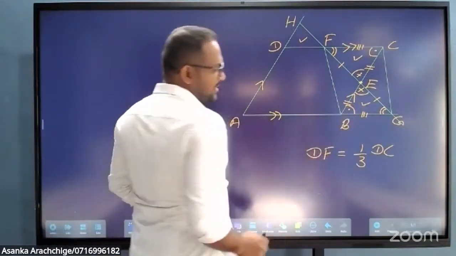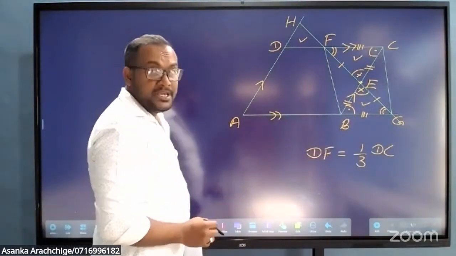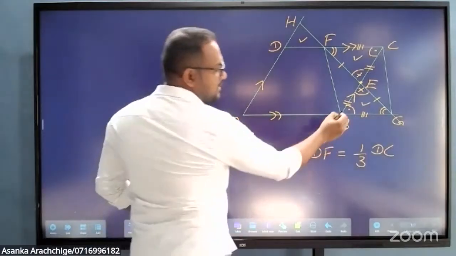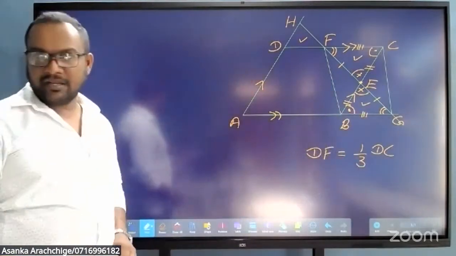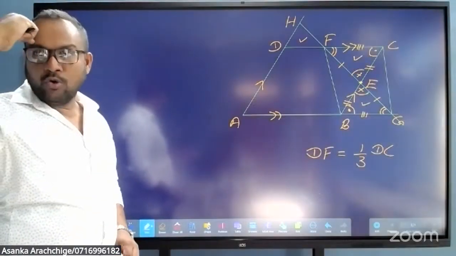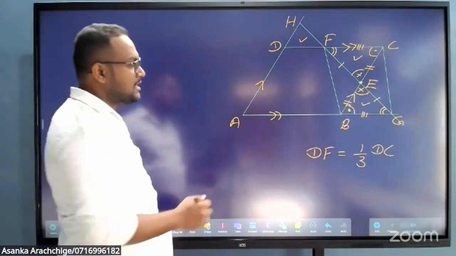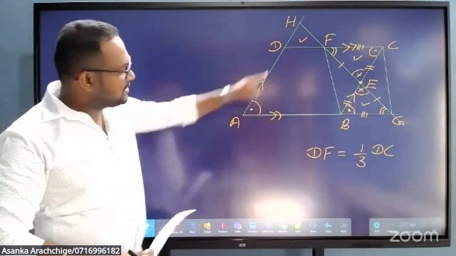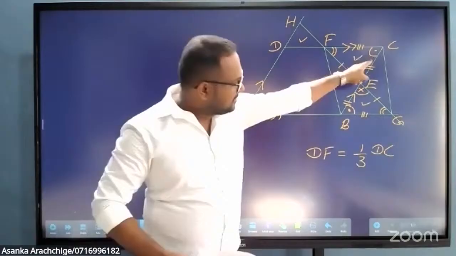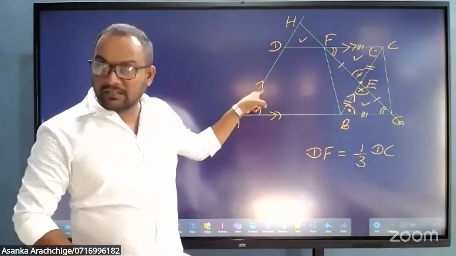Here, in the triangle BGE, this angle which I have marked by a dot must be equal to this angle. Reason: this line and this line are parallel.